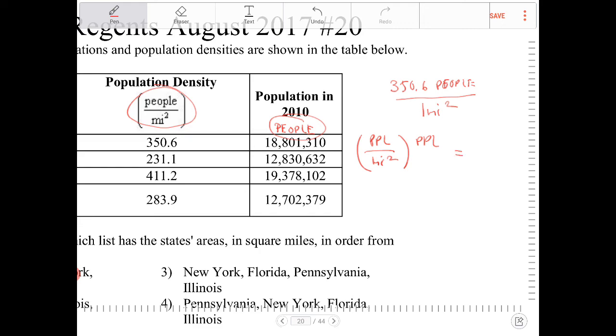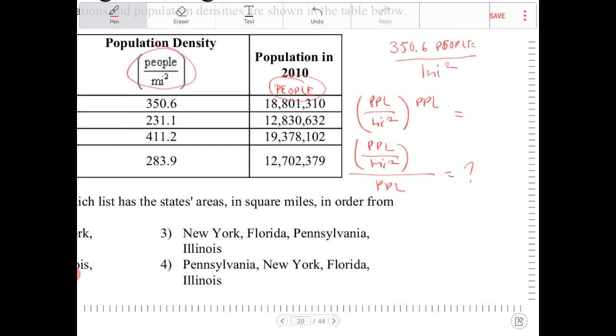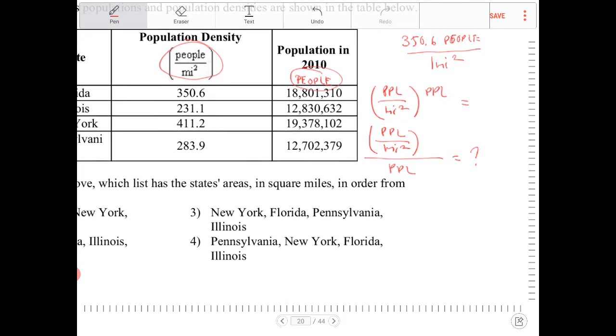Or will we have to take people per mile squared and divide it by people? We want miles squared to come out of this. If we want to eliminate units, we want the numerator and denominator to have the same units. So how are we going to do that?